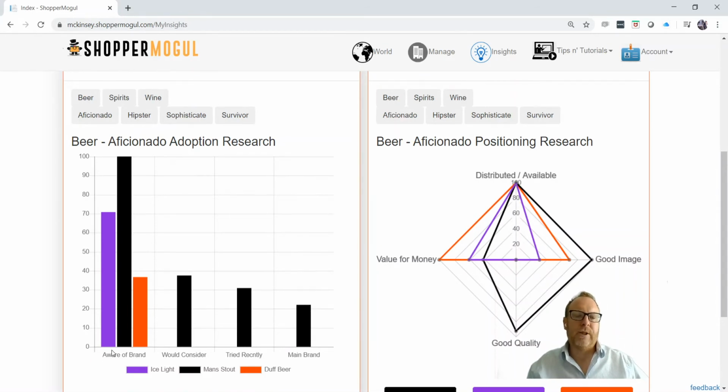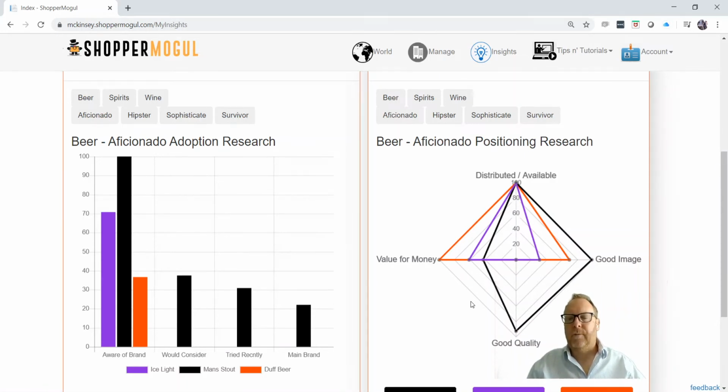Well, it gives us a funnel that takes us from awareness on the left, so what percentage of people have ever heard of our brand, through to those who say they would actually consider drinking it. And of those, who has actually tried it? And finally, which consumers actually say this is their main brand, or at least a brand that's within their repertoire of regularly drunk products.